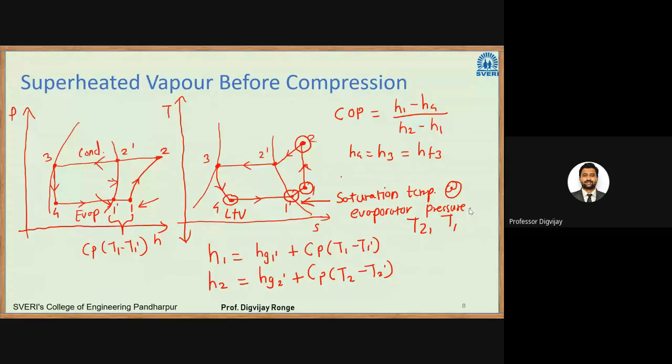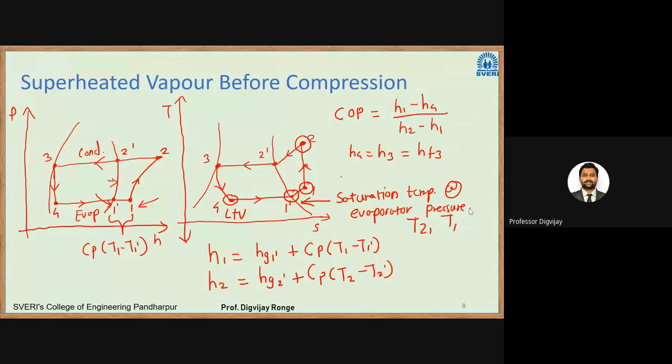Okay, so 1 dash is saturation temperature at evaporator pressure. If I transfer more heat to that vapor, what will happen? Its temperature will increase to point 1. Okay, so it will shift right of the saturated vapor curve, that will be superheated vapor.